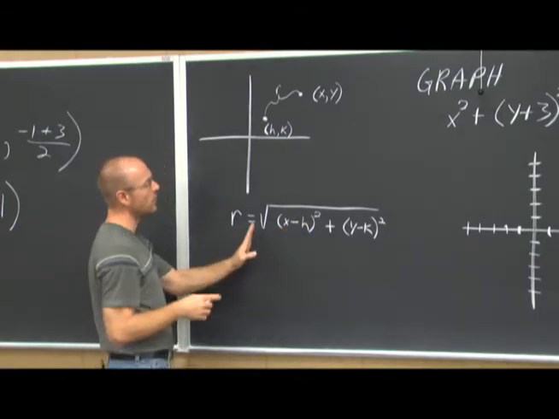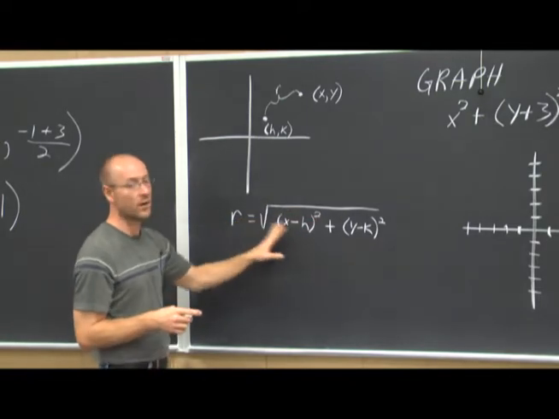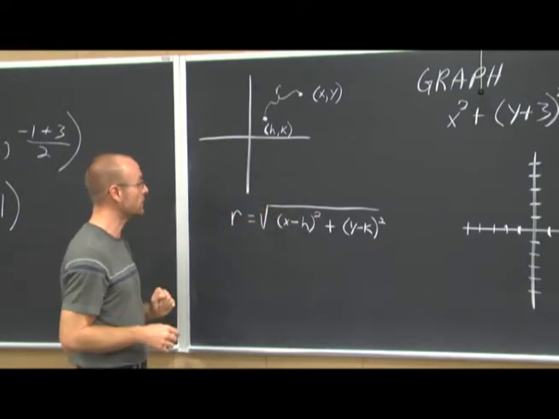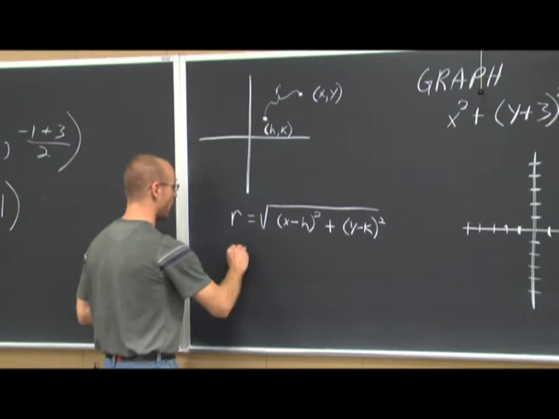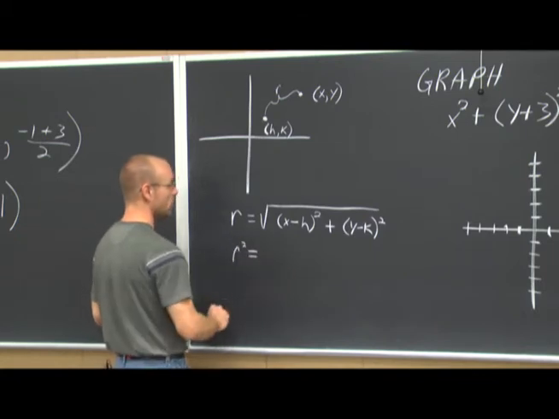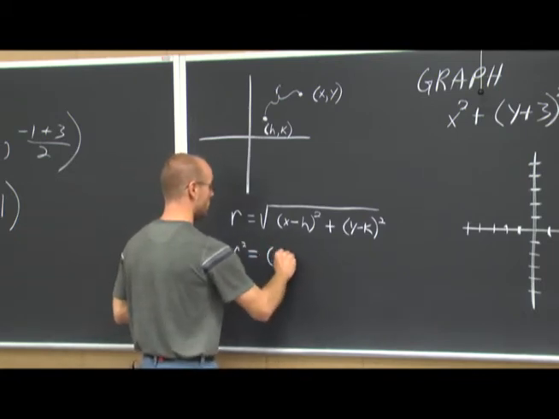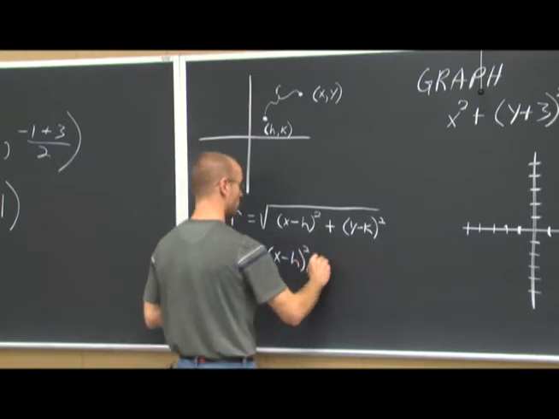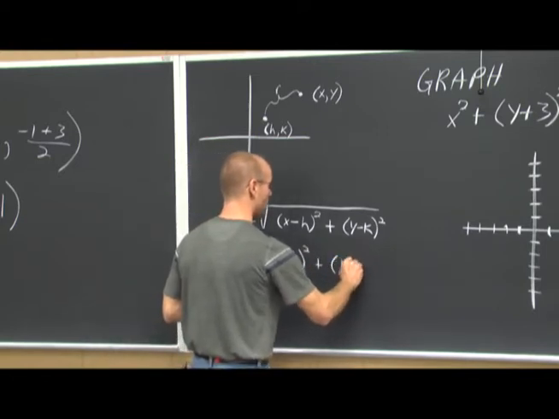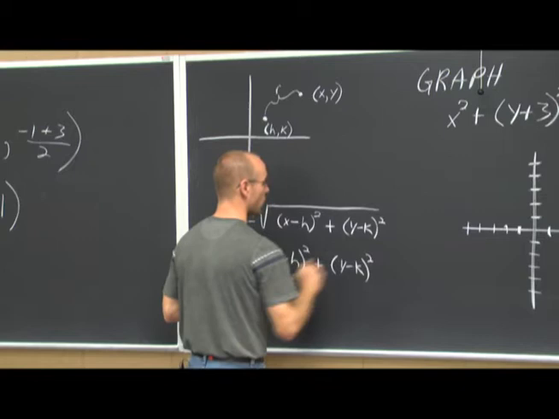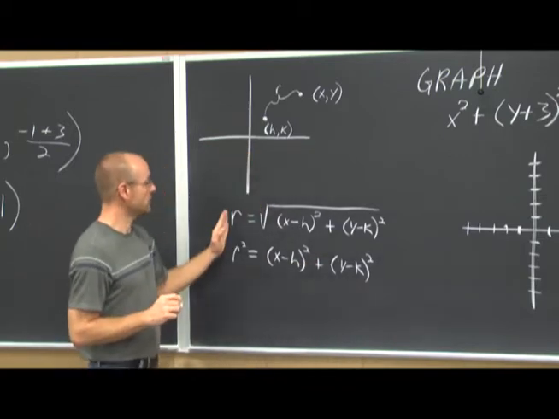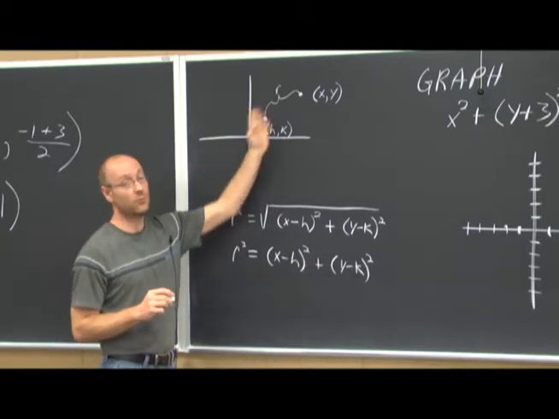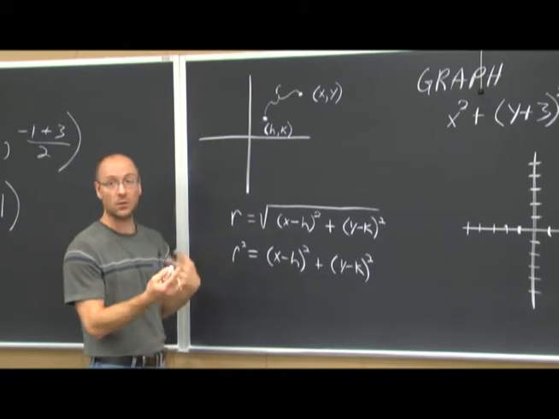And then I say, okay, well, I want to get rid of this square root. If I get rid of it, I get r squared equals x minus h squared plus y minus k squared. Because this is a distance, how far points are, we don't have to worry about the negatives.